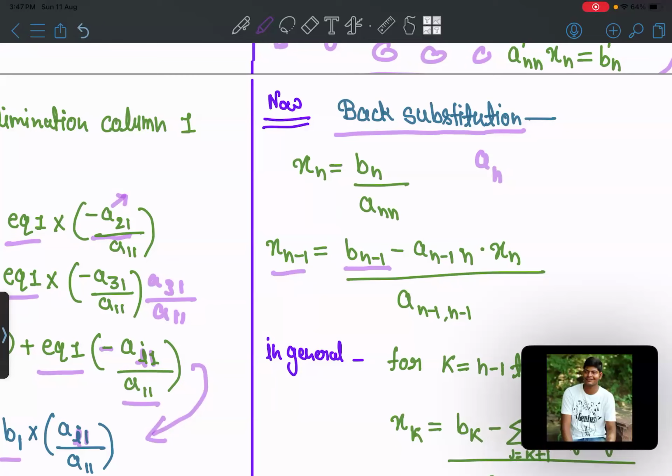This equation will have A(n-1,n-1) multiplied by x(n-1) plus A(n-1,n) multiplied by xn, equal to B(n-1)'. We already know xn, so we put the value in, take that term to the other side, where it becomes negative, and divide by A(n-1,n-1).